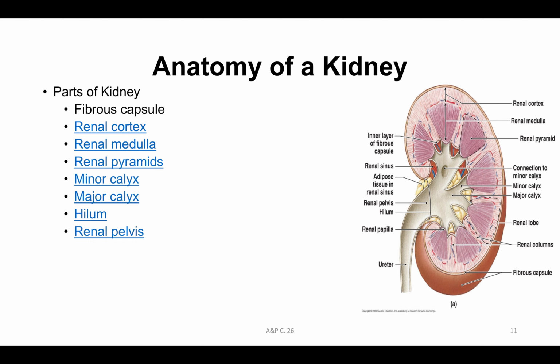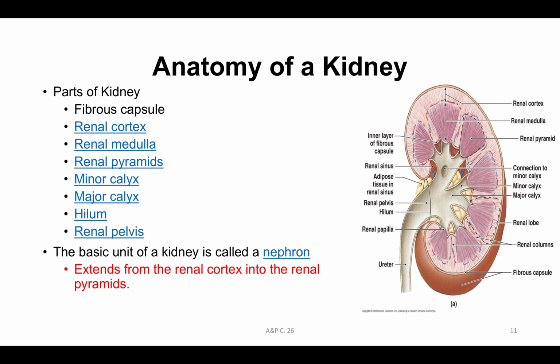So we already talked about the anatomy of the kidney, each part of the kidney and its function. But what we're going to focus in on is a nephron. The basic unit of a kidney is called a nephron, and the nephron is where filtration is actually going to be happening. And nephrons are going to extend in from the renal cortex, so this outer, light pink layer of your kidney, into the renal pyramids, which are found inside that renal medulla.